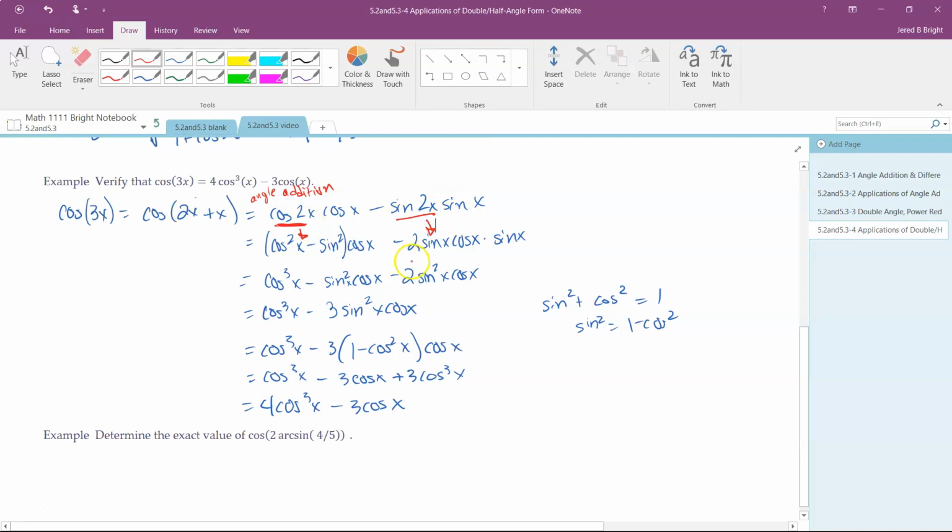Got those in those forms, and then from the second line to the third line, I just simplified and simplified some more. Then in this third to last line, I took sine squared and wrote it as 1 minus cosine squared via the Pythagorean identity.